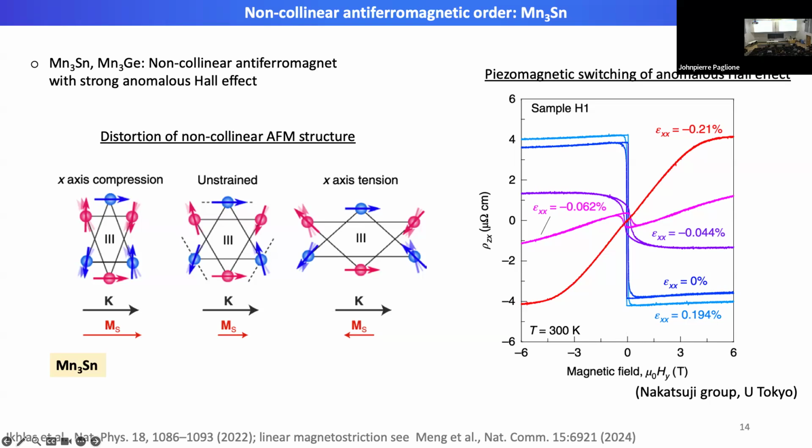So I wanted to show you this example to convince you that the piezomagnetic coupling in non-collinear spin structures might be a useful way to manipulate the antiferromagnetism, to manipulate topological antiferromagnets.